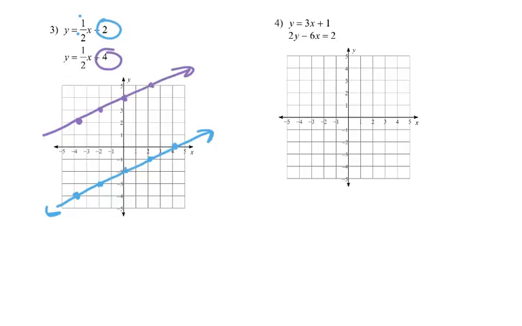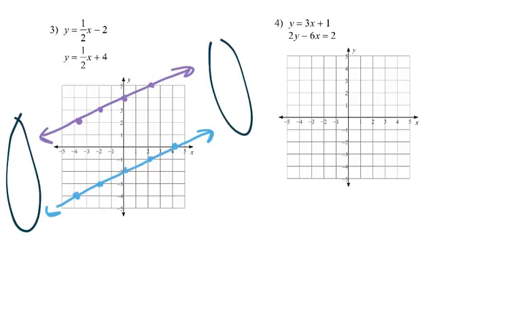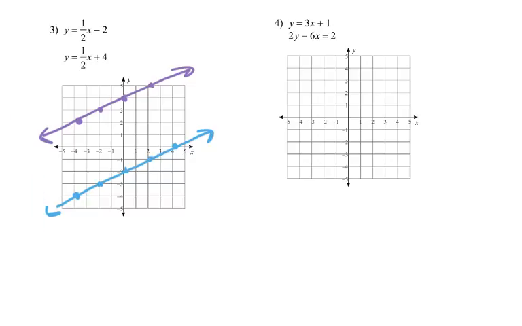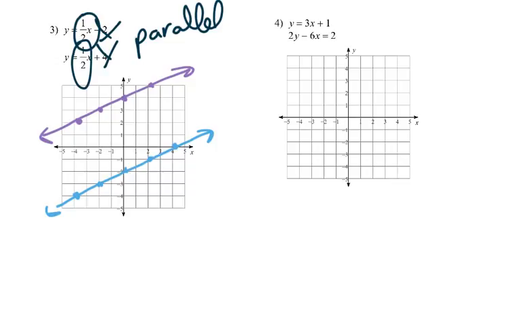Now, if I look at this, you may say, well, they never intersect. Now, could it be that they'll intersect over here off the graph or over here? It could be, so I need to look at my slopes. My slopes are exactly the same. Same slope, different y-intercept means they're parallel. Okay? Parallel lines never intersect, so my answer is no solution.